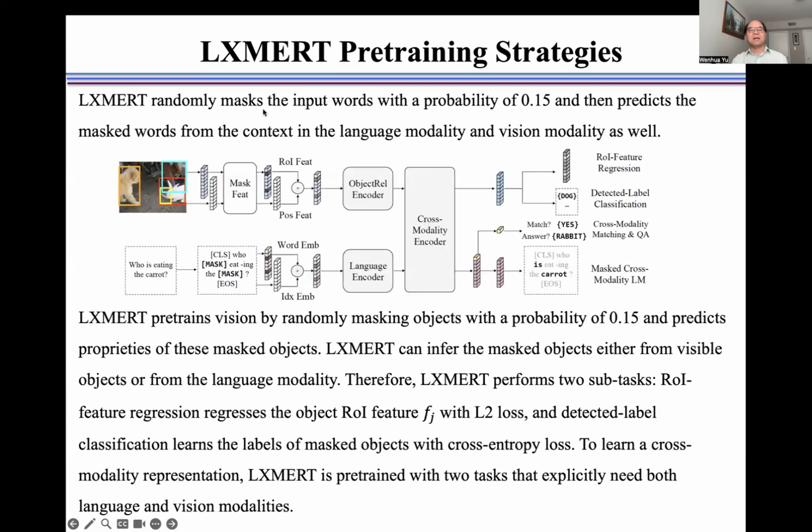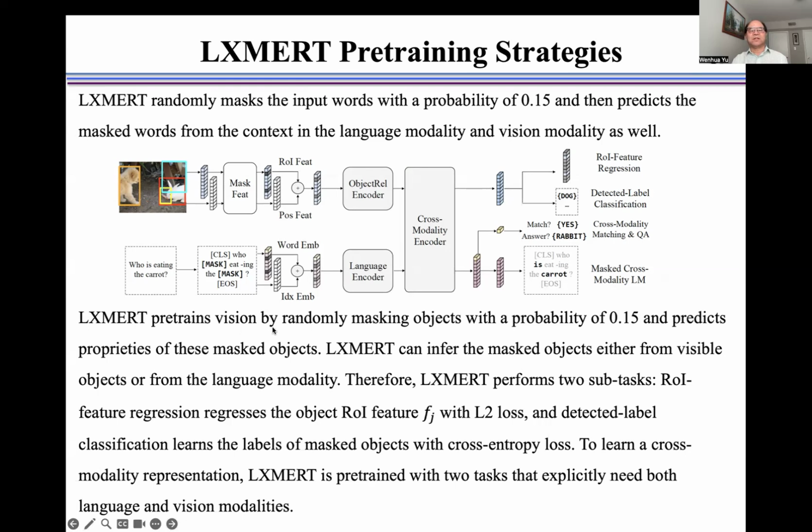LXMERT randomly masks the input words with a probability of 0.15 and then predicts the masked words from the context in the language modality and the vision modality as well, as shown here.